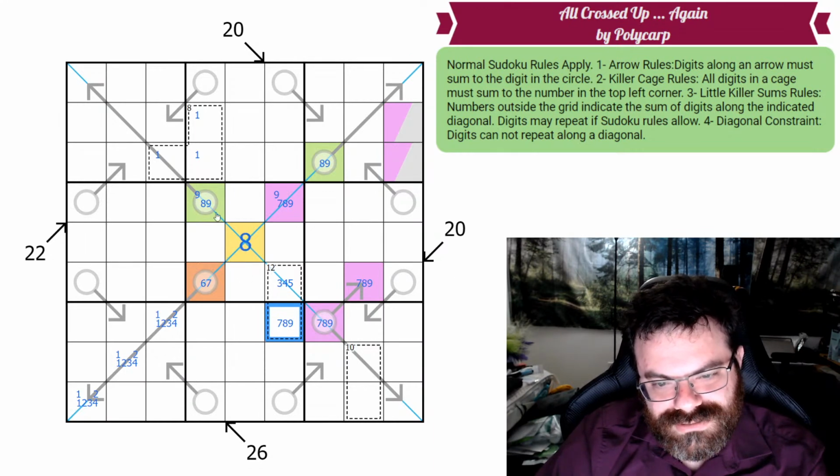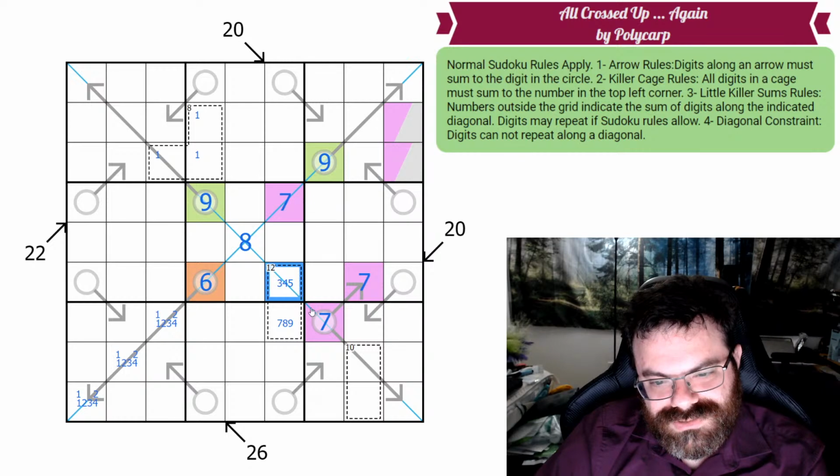If this were 8, this would be 9 and 7. This would be 9. Again, this is 6. 9 and 7 is 16. So these would add to 13. So we'd have 8 and 5.